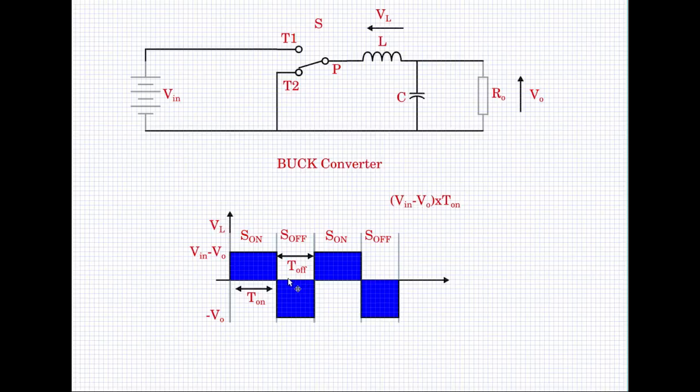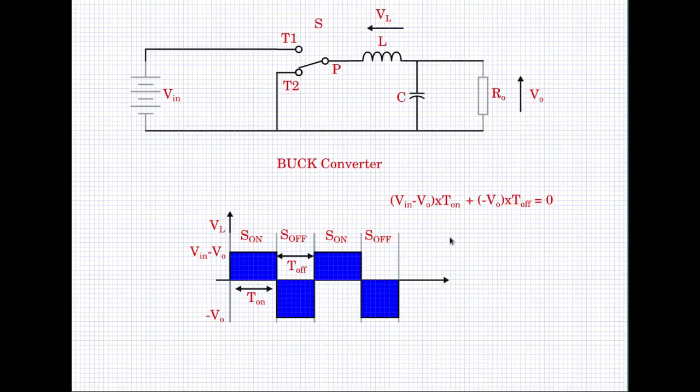Now this is minus V naught into T off, which is the width. So let us add to that plus minus V naught into T off, this part of the area. So this volt second plus this volt second should be equal to 0. Then we say that there is volt second balance.